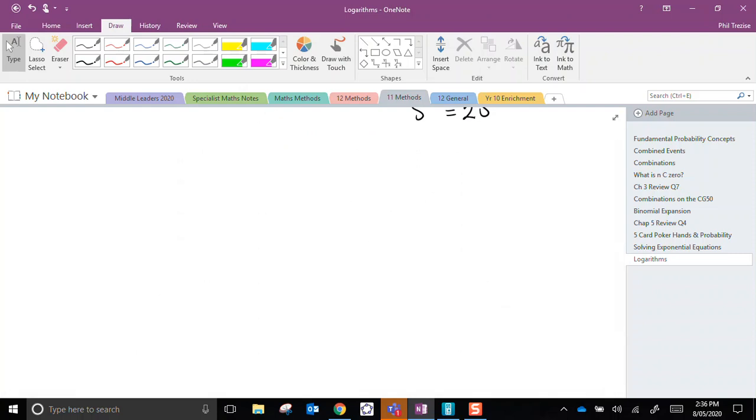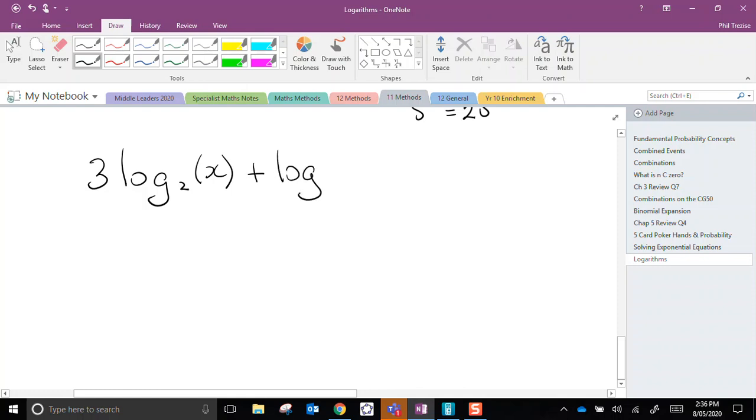So we've got 3 by log with base 2 of x plus log base 2 of x minus 2 times the log base 2 of x.